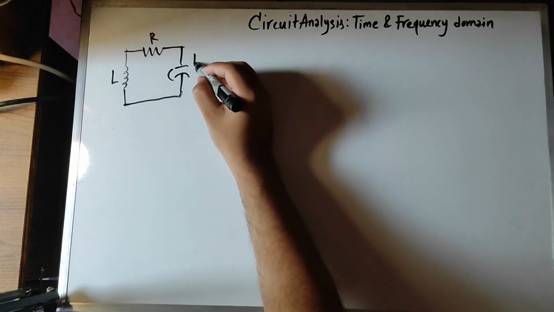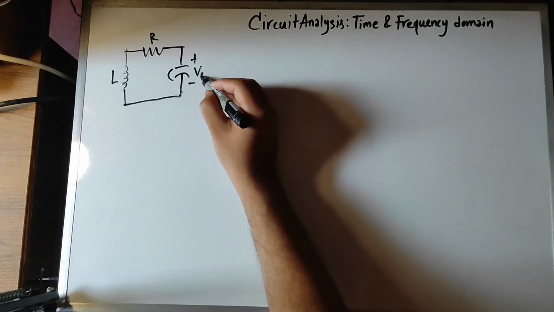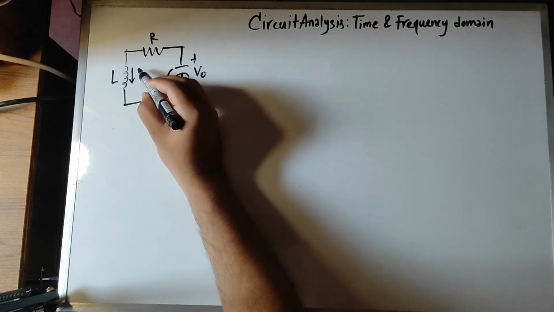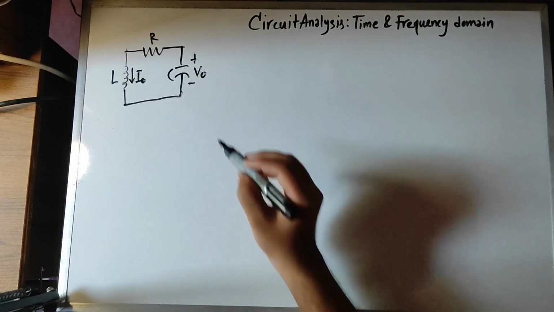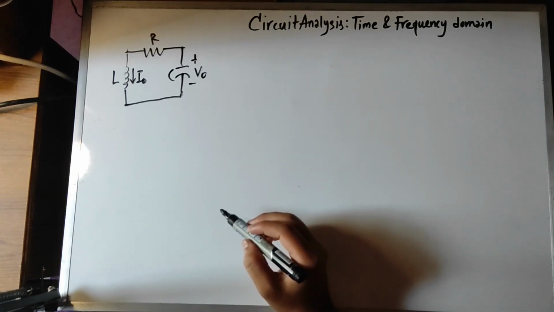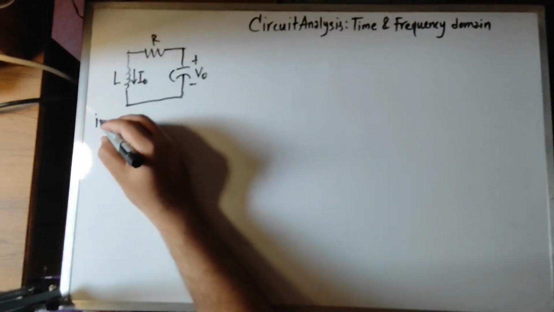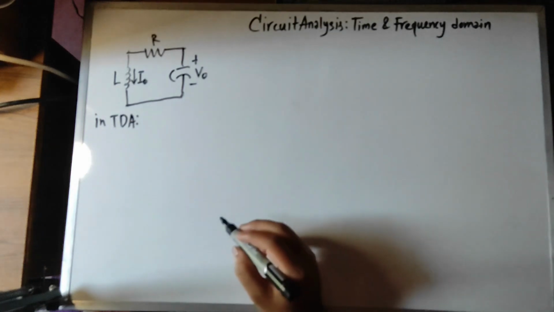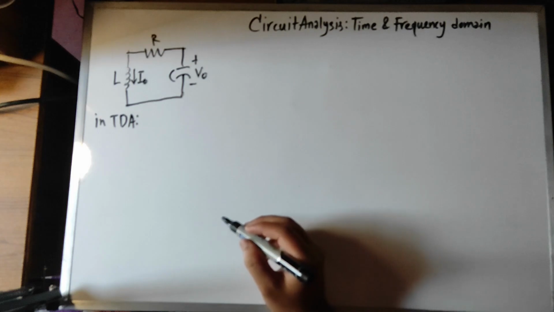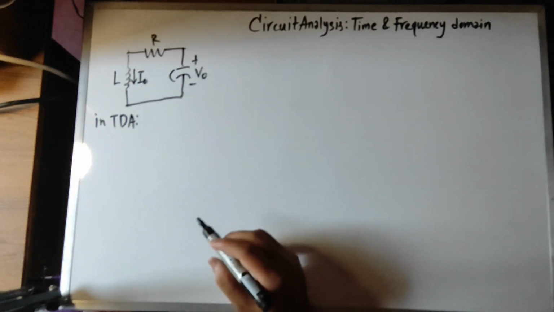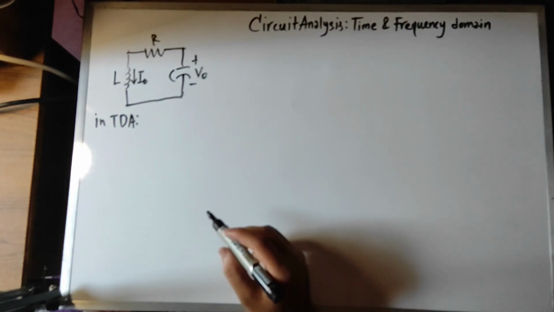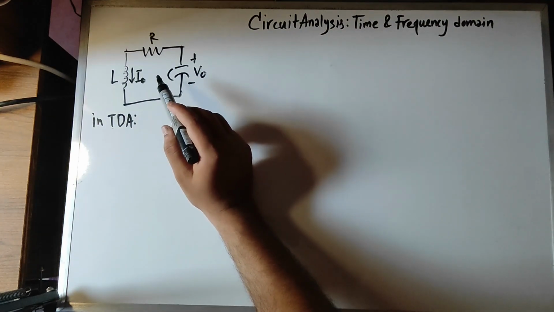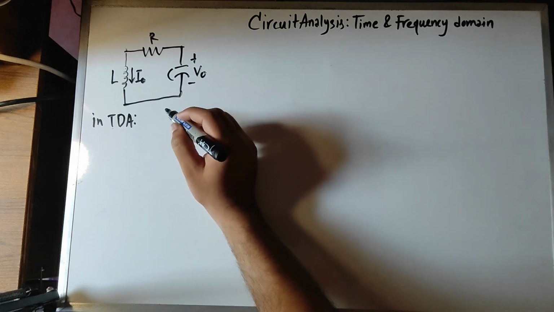Considering the initial voltage across the capacitor and the initial current through the inductor. In time domain analysis, we will do the time domain analysis first. This is an RLC circuit with no source, and this is an LTI system.